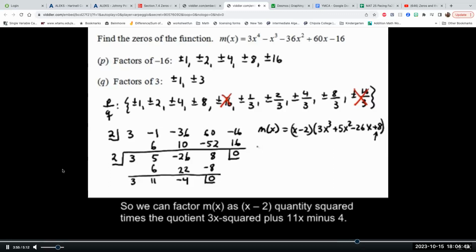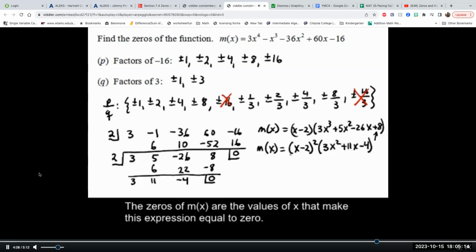So we can factor m of x as x minus 2 quantity squared times the quotient 3x squared plus 11x minus 4. And notice it's x minus 2 squared because the x minus 2 is a factor twice, right? There's 2 copies of it, so that's why it's squared.